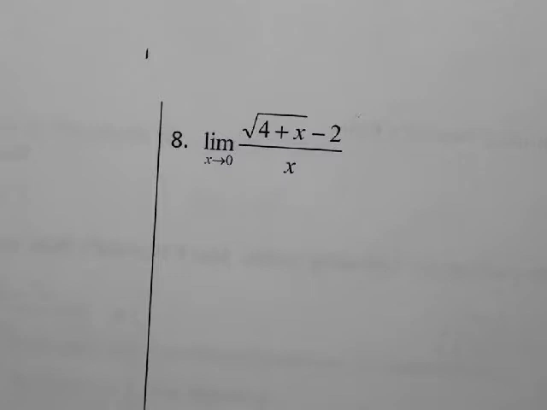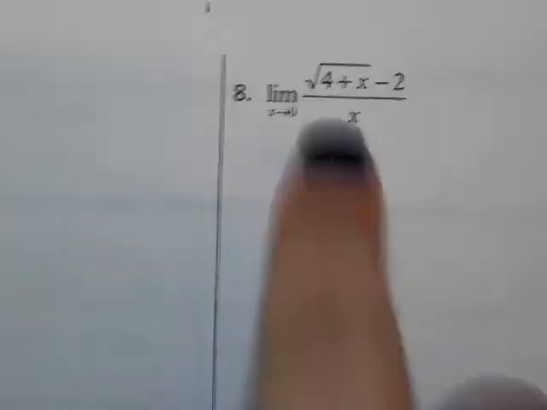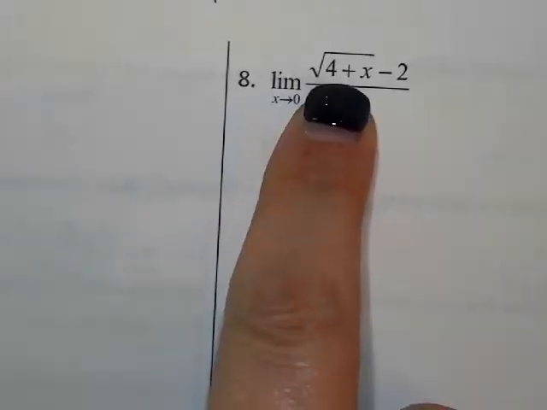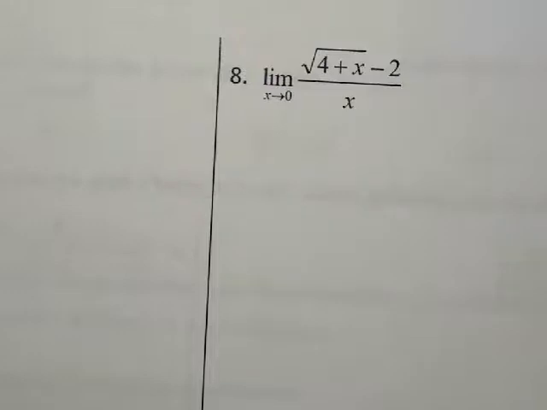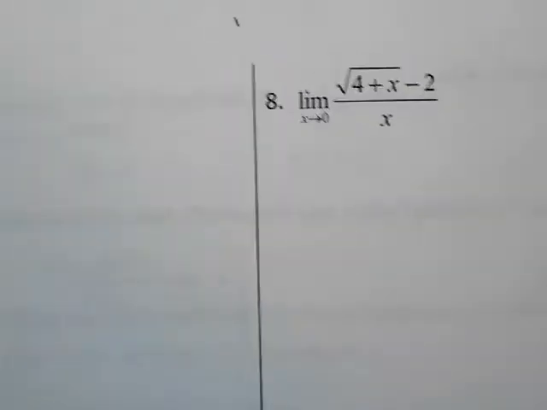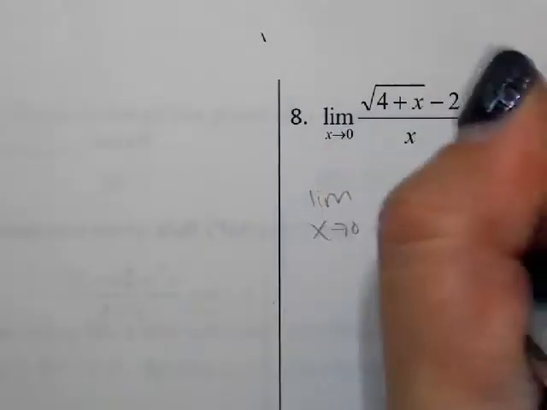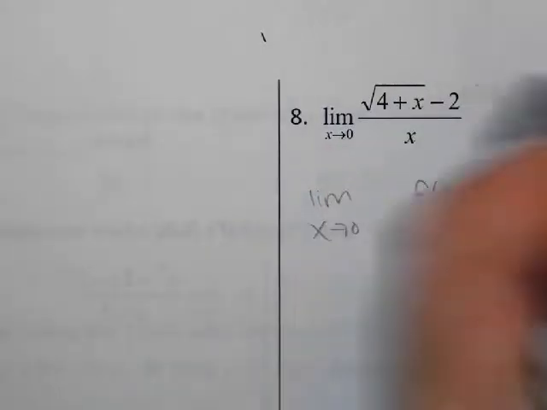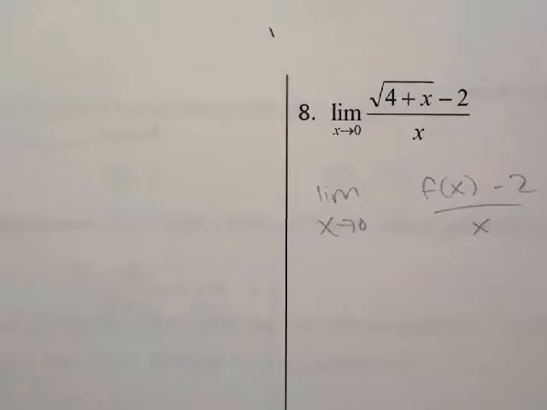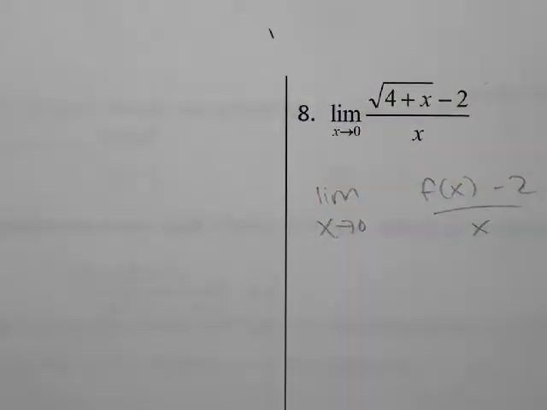It'll say the limit as x approaches 0 of f of x minus 2 over x, and in the problem you'll know what f prime of x is. There's no way you could expand that, no way you could factor that, no way you could do a conjugate. You'll be like, I have to use L'Hopital's because there's no possible way I could have done that problem any other way.